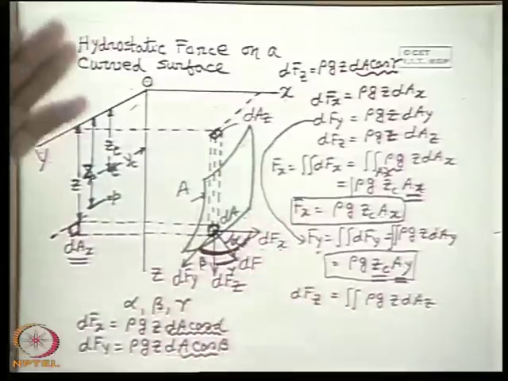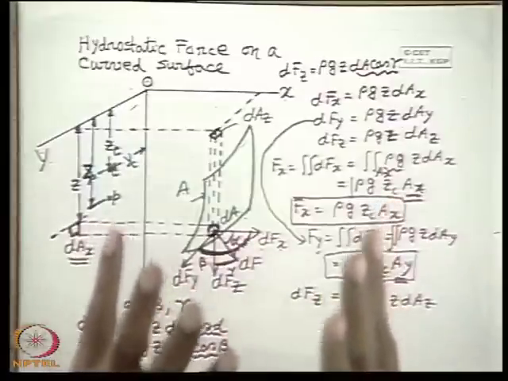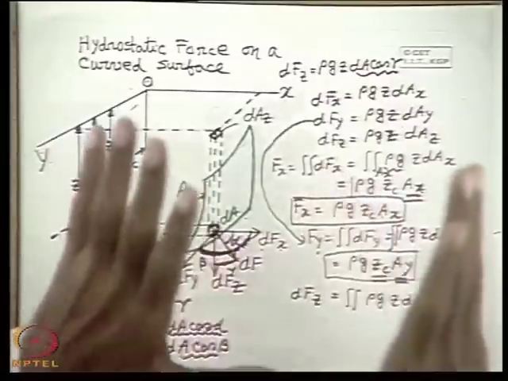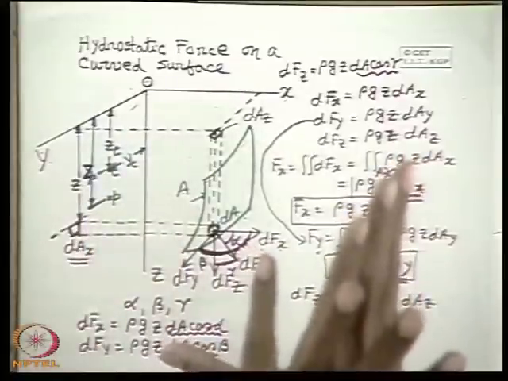So again I am telling, the conclusion is like that, sometimes it helps us in solving problems, that if there is a curved surface submerged in a liquid, then the hydrostatic pressure force in any horizontal direction, it may be x, it may be y, any way you can orient in any horizontal direction, is equal to the force on a plane surface whose area is equal to the projected area of that surface in a plane perpendicular to the direction.